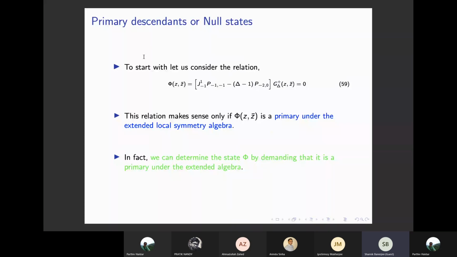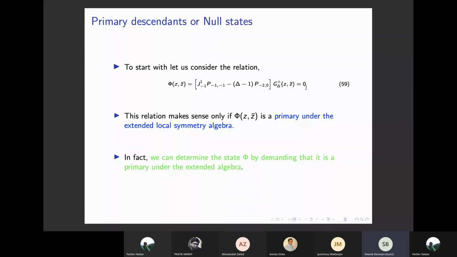So it is quite clear what we have to do. For simplicity, let's look at the state which is phi zz bar, which is j1 minus 1, p minus 1 minus 1, and this.